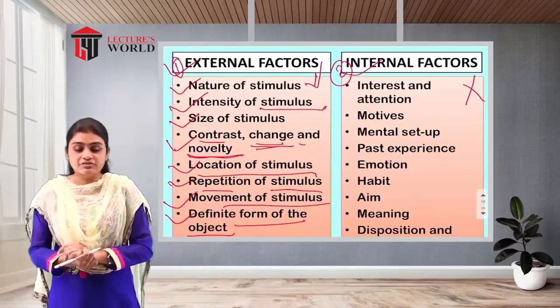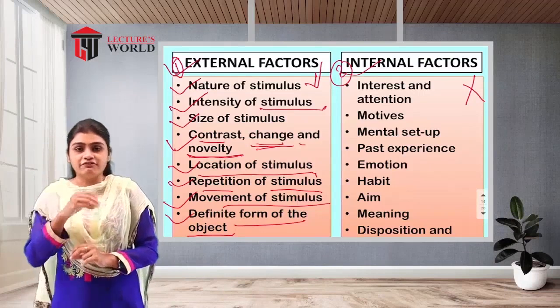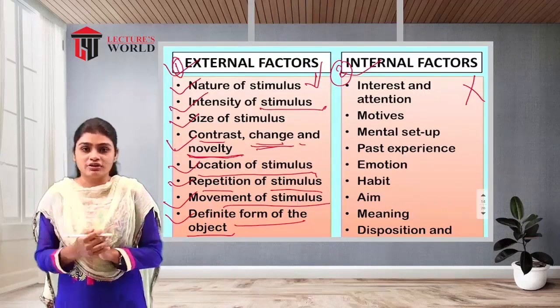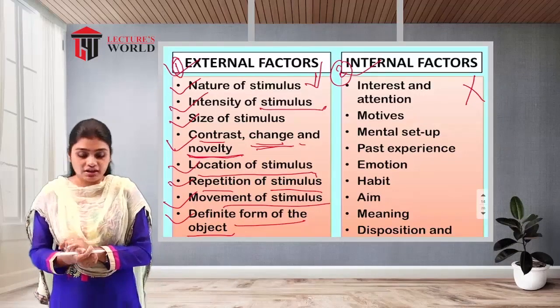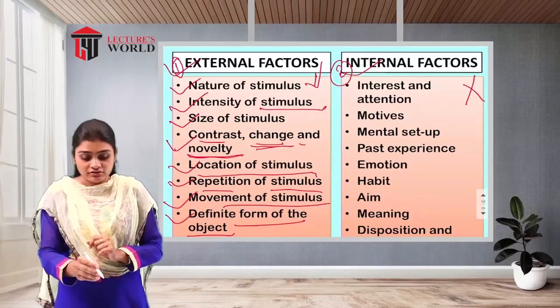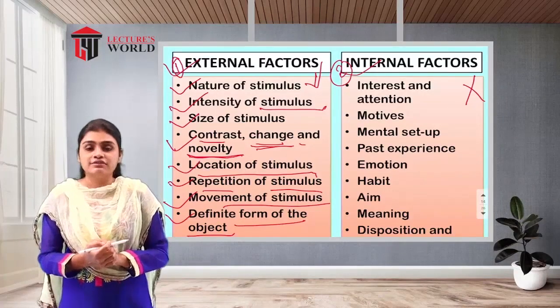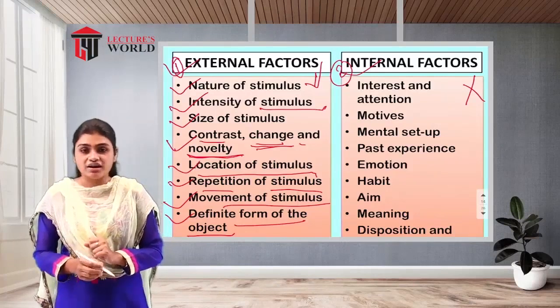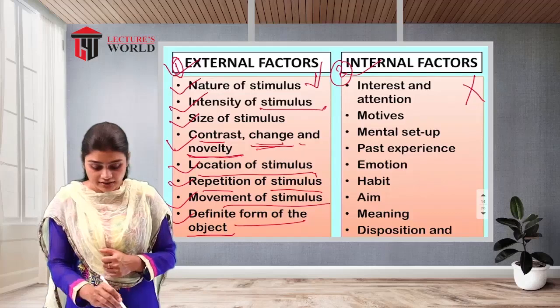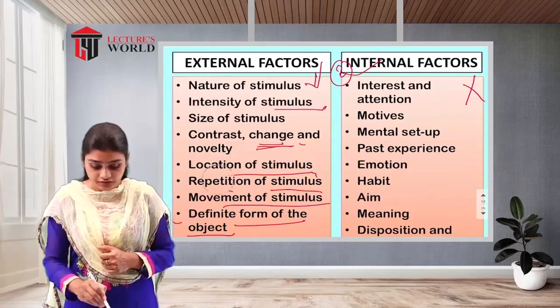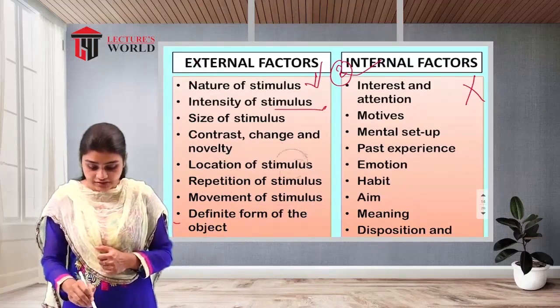So that is the definite form of the object. When there are definite linings on that particular object, we will be able to give our attention very quickly to that stimuli. So these all are the external factors for our attention, or by these methods we can achieve the attention of something. So those are our external factors.